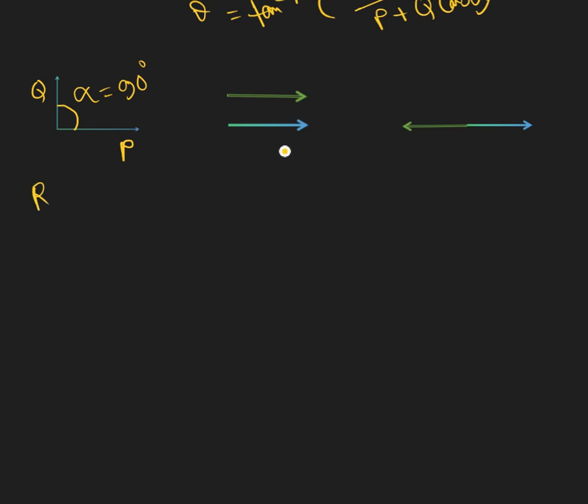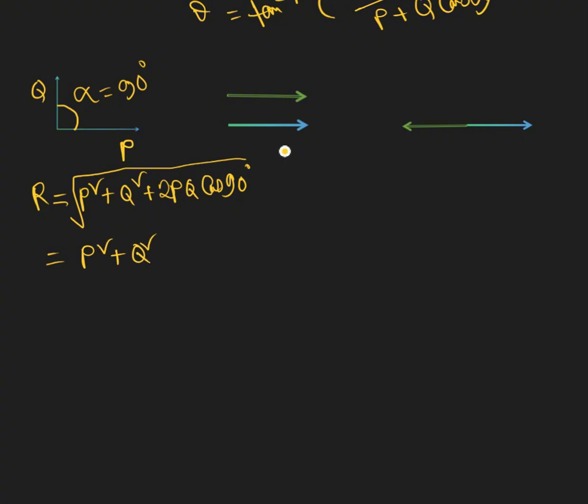We know R is equal to the square root of P square plus Q square plus 2PQ cos 90 degrees. So what is the value of cos 90 degrees? Obviously 0. So the value of the resultant will be the square root of P square plus Q square.